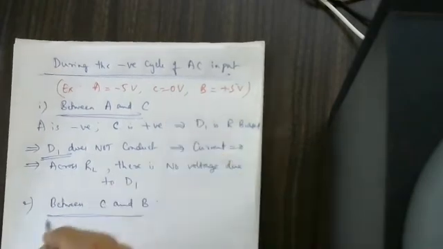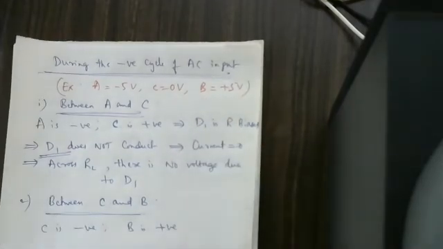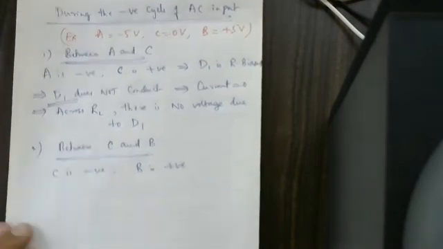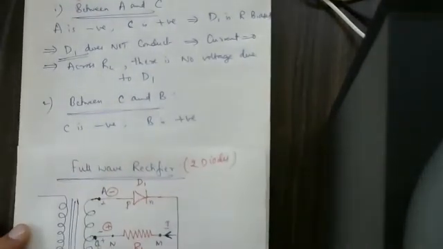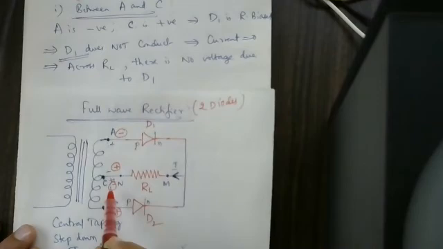Therefore, I will write C is negative, B is positive. Yes, it is happening like this now. C becomes negative here, B becomes positive.